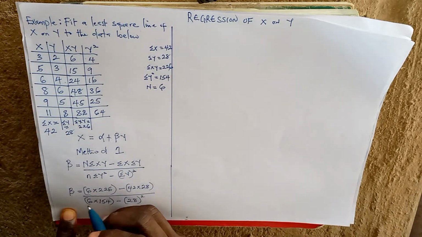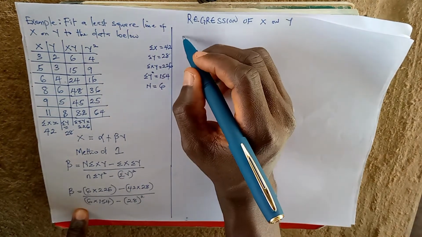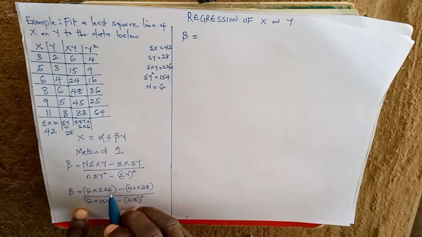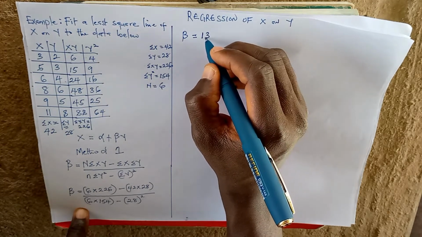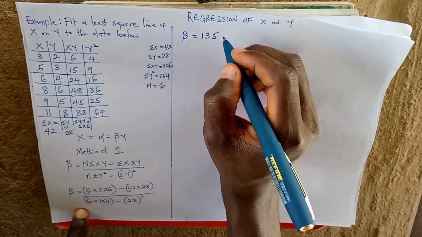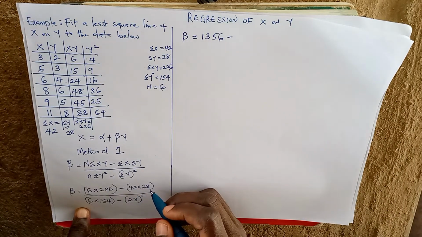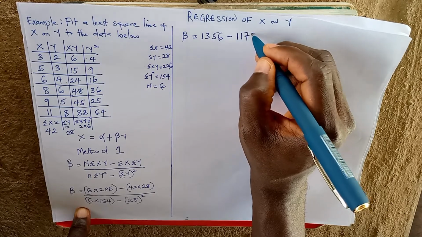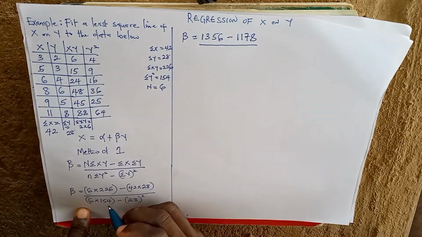Now if we open these brackets, we have beta equals 6 times 226, which gives us 1356, minus 42 multiplied by 28, which gives us 1176.